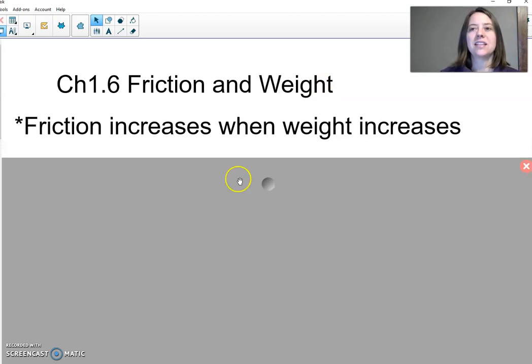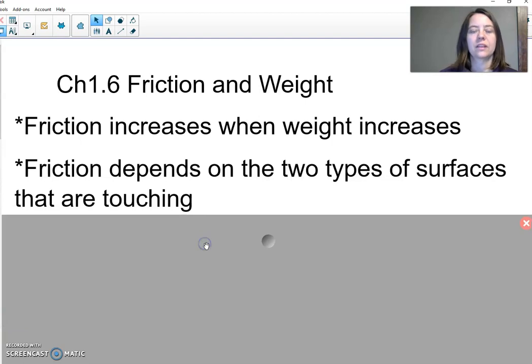So please write this down. Friction increases when weight increases. So like we saw from the graph and from the table, as the weight increased, the friction increased. Also, friction depends on the 2 types of surfaces that are touching.